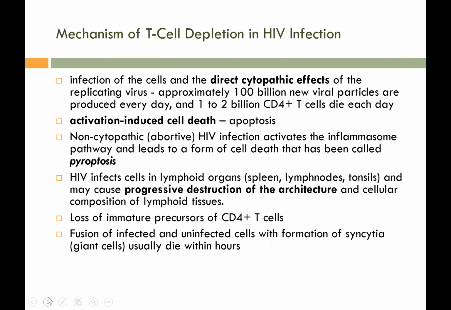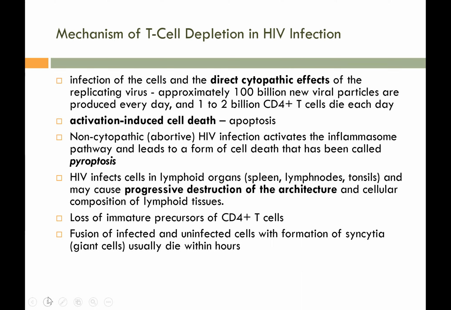produced. The immature precursor T cells are also lost, and you have fusion of infected and uninfected cells with formation of giant cells, which usually die within hours. So these giant cells on progressively infected cells bind to CD4 molecules on uninfected T cells, followed by cell fusion.